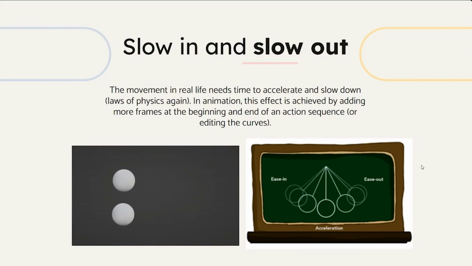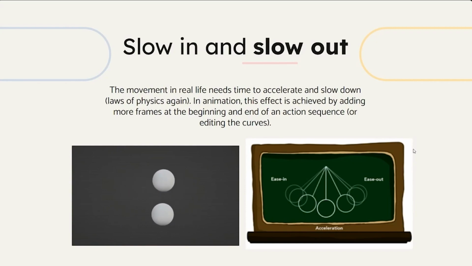It starts very slow, speeds up, and then starts slowing down. So this is pretty much what slow in and slow out is. Know that the movement doesn't start at full speed. It starts slow, then it gathers speed, and then it decelerates again until it reaches the stop position.